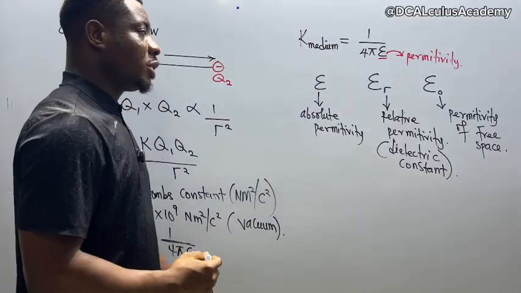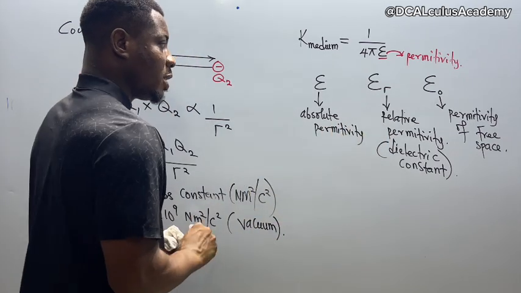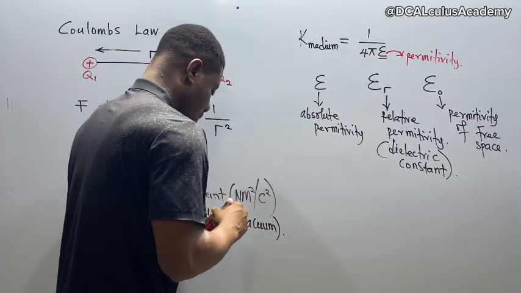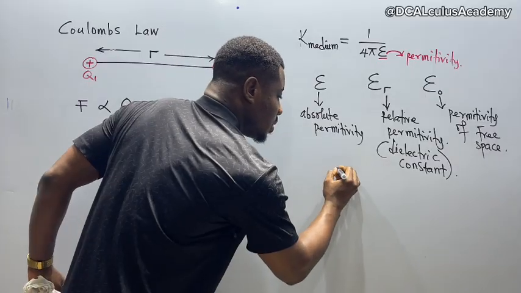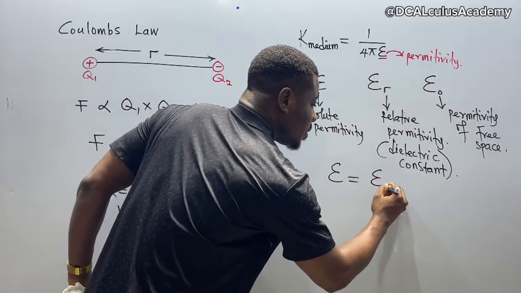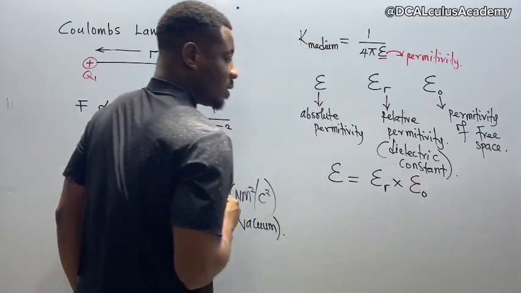Now, what is the relationship between the three of them? The relationship would be that absolute permittivity is equal to the product of relative permittivity and permittivity of free space.